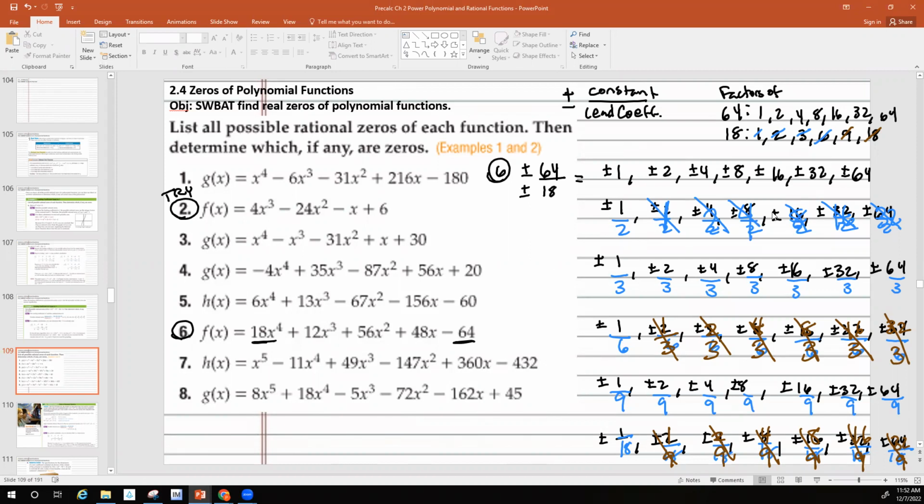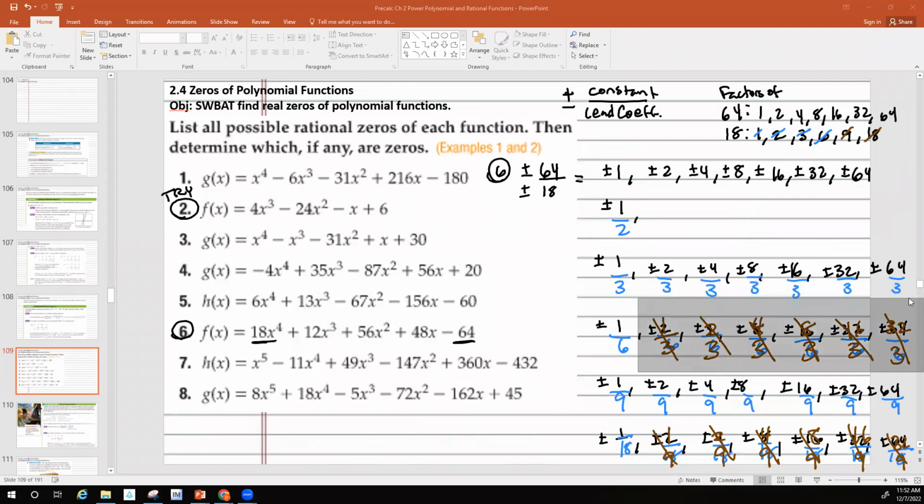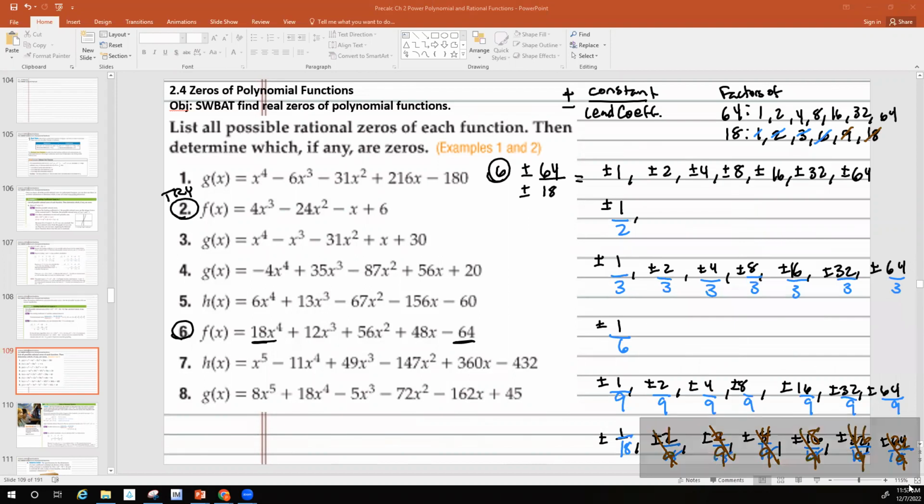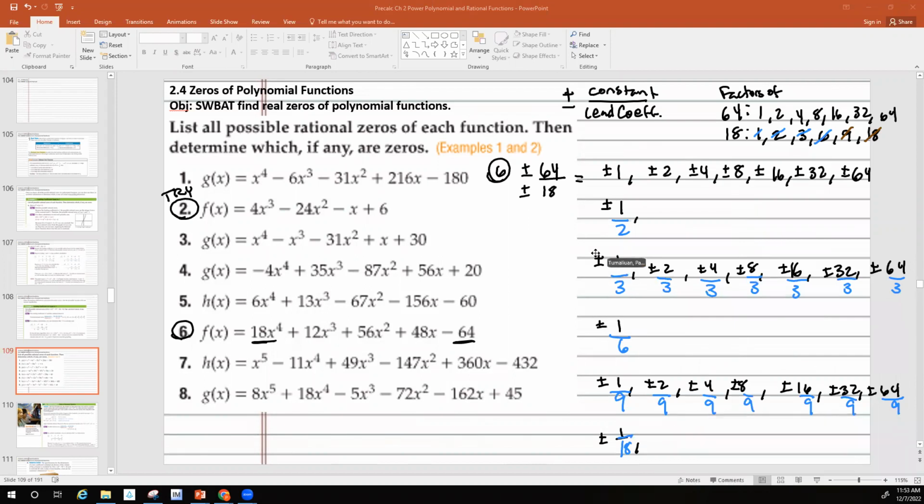All right. I'm going to erase these that I crossed out. So we're just focusing on these zeros. Okay. So what we're going to do, move everything up.